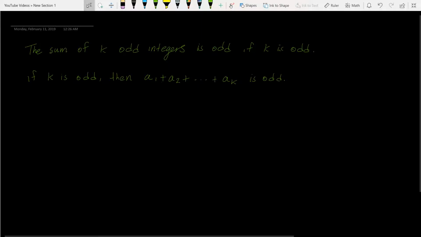So that means if k is odd, then k is equal to 2m plus 1, because this is an even number, 2 times m, and we're adding 1 to it, so we're making it an odd number, for m in the set of all integers.